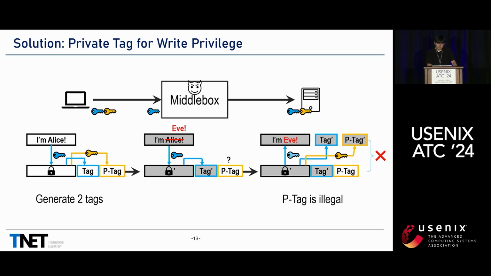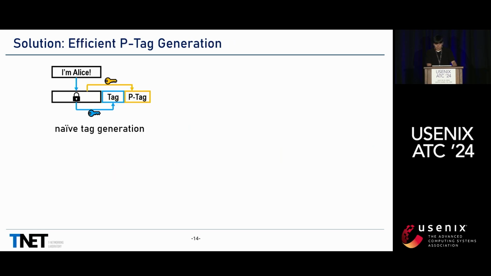However, the private tag generation incurs additional overhead at endpoints. About 20% of the CPU cycles are used for generating the tags when sending a large object. So naively adding one more tag generation means that the throughput of the server will be decreased by 20%. To minimize the overhead, we analyzed the original tag generation procedure and found that, first, the tag generation load is linear to the data size.